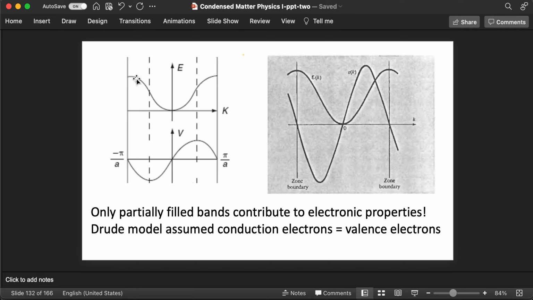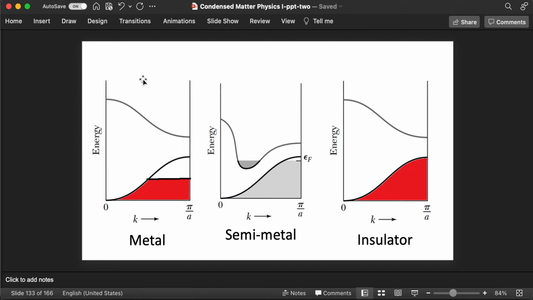Then there will be space for the electrons to get accelerated into the empty states. So that's a half filled band. So then there will be conduction. But if it's a fully filled band, then there will be no conduction. So this is extremely important, that only partially filled bands contribute to electronic properties.